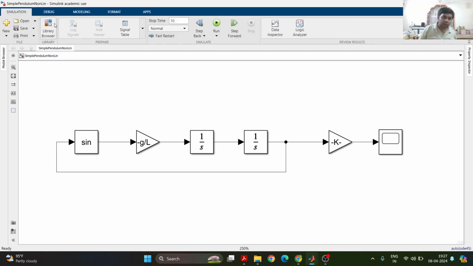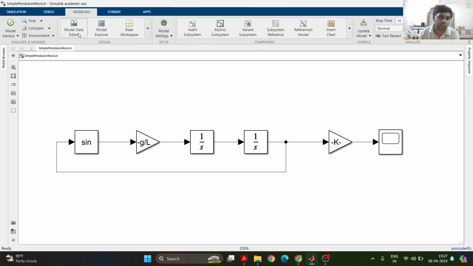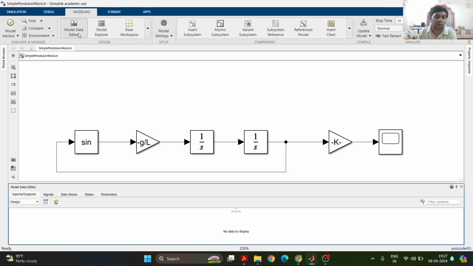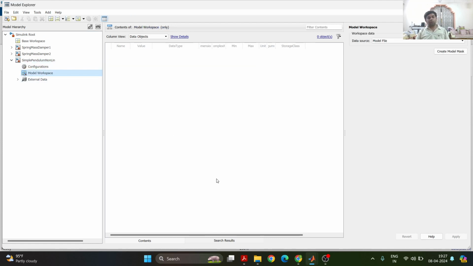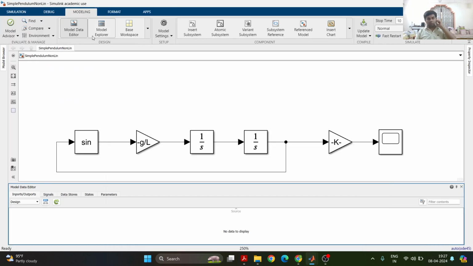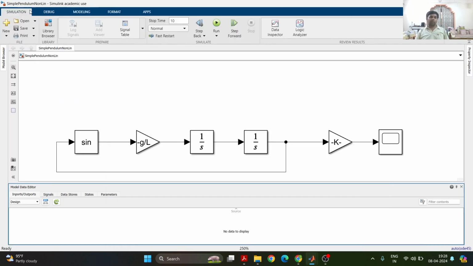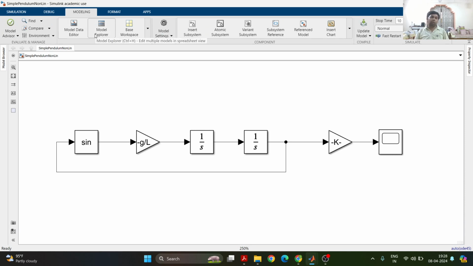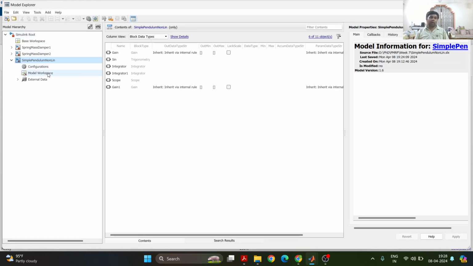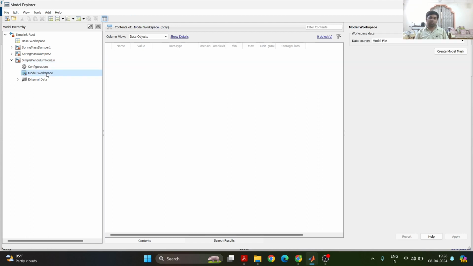And further, if we want to even avoid this manual work of loading the variables, either using the mat file approach or using the script, what we can do is, in the Simulink model window, go to the modeling tab, then go to the model explorer and then go to model workspace.